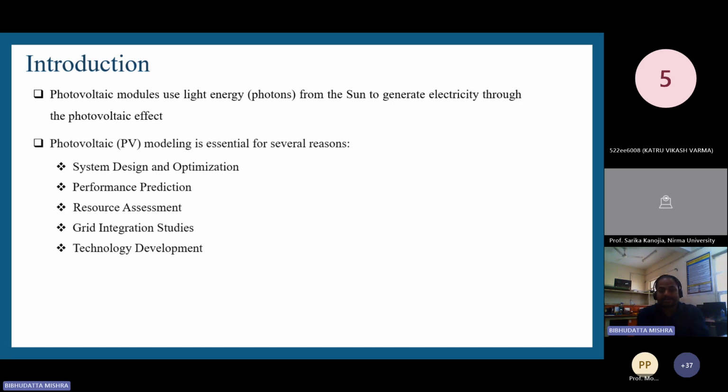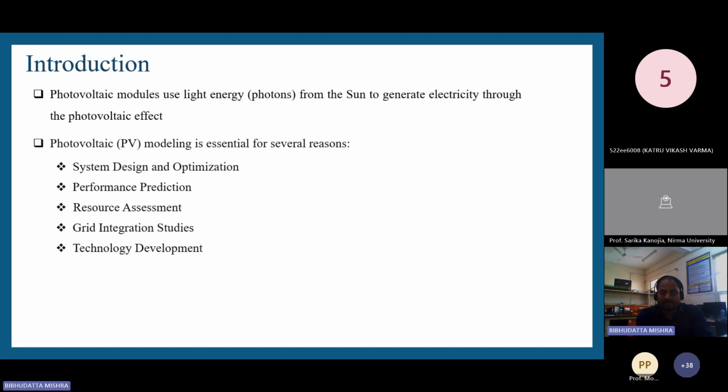And regarding the grid integration study, why should we go for grid integration studies? Because whenever a PV panel is integrated or interfaced to the grid connection, several grid factors like grid voltage fluctuations, grid stability, frequency restorations, all these aspects should be taken into account while designing a PV cell or PV panel. And last but not least, the technology development.